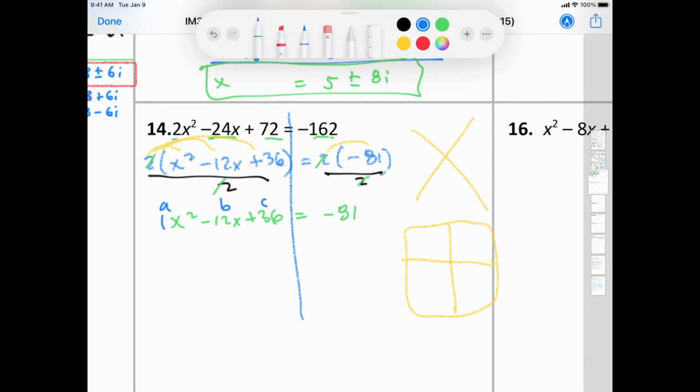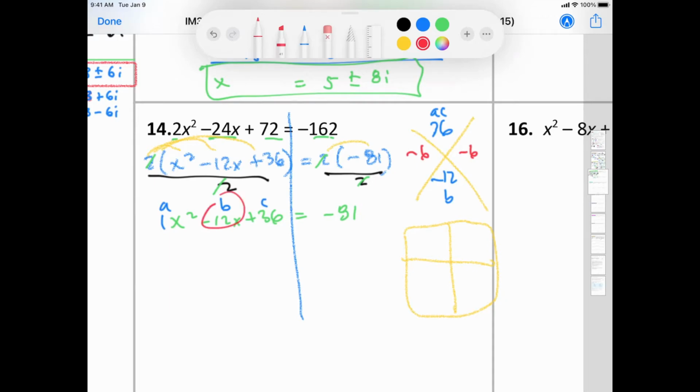So A times C is 36. My B value is negative 12. You can think of the factors, but we've been doing these square root problems, and these are called perfect square trinomials, where basically you take half of the B value, which is what? Negative 6. And that works. Negative 6 times negative 6 is positive 36, and negative 6 plus negative 6 is negative 12.